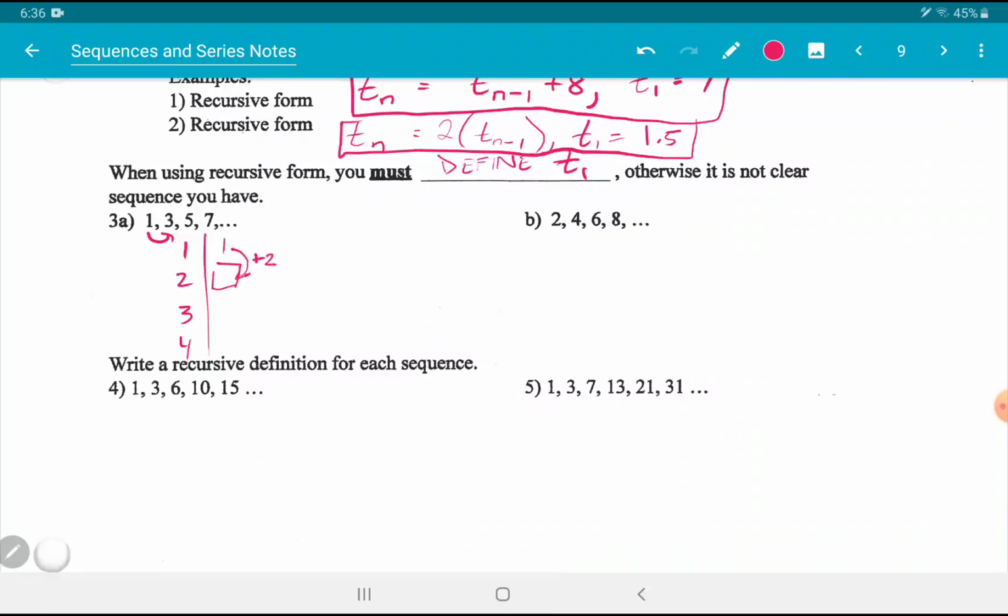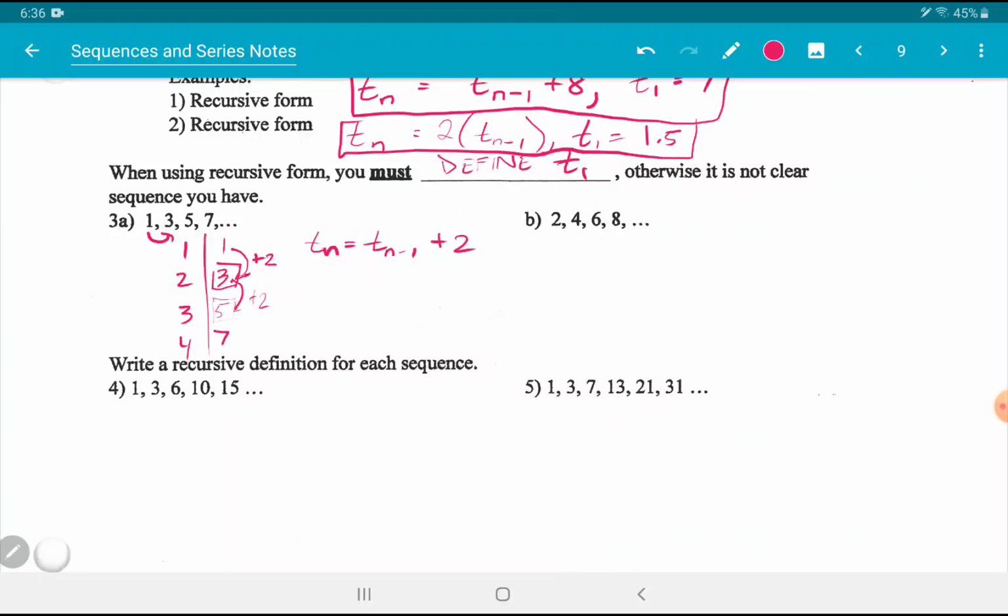I'm adding 2. That's how I end up to get 3 here. I don't know this term. What do I do? I take my previous term and add 2. So in the recursive form, what I'm saying is I don't know this term. What I do is I take my previous term, t sub n minus 1, and what do I do? I add 2, like that. Okay, so therefore I get 5, and then I get 7.